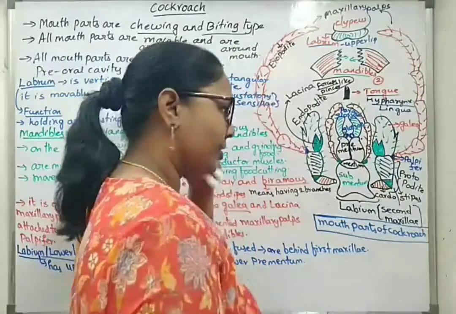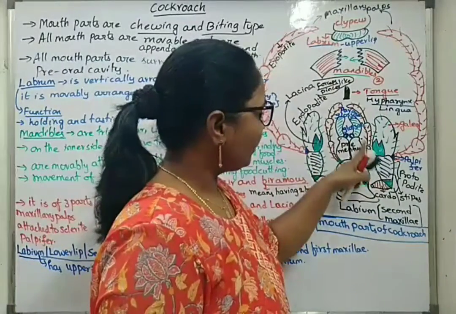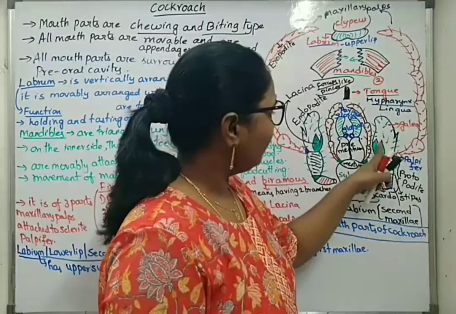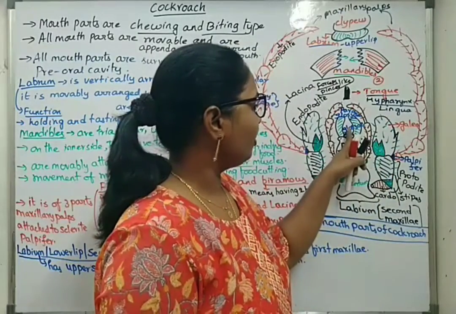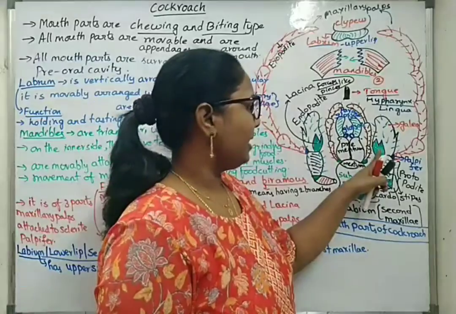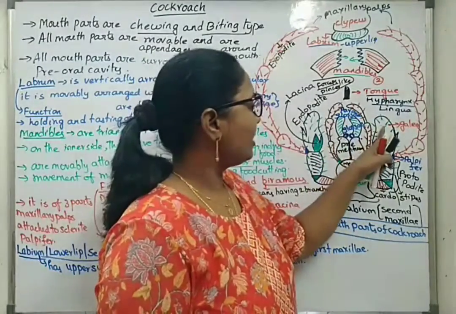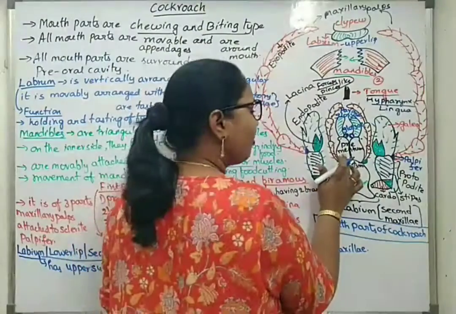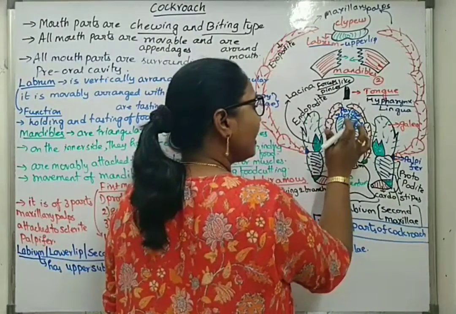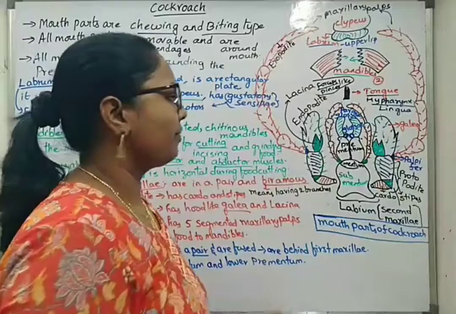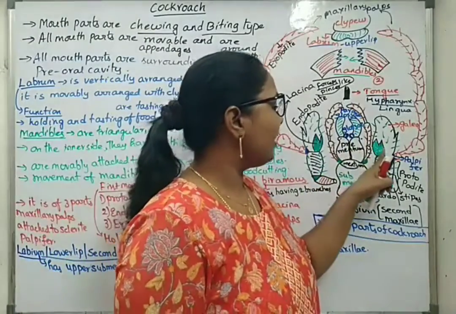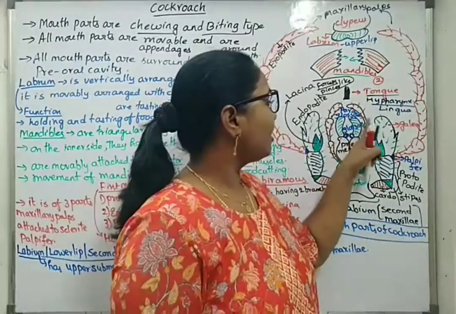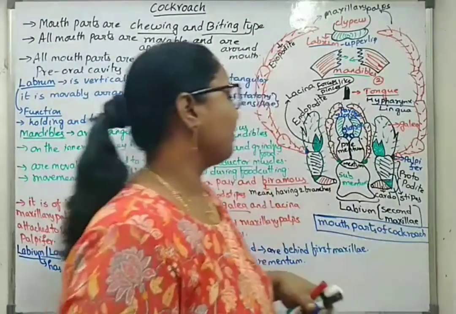What are these both structures? Glossae is comparable to the lacinia, the forceps-like structure. So glossae is equal to lacinia. Paraglossae is equal to the hood-like galea. The distal end of prementum has glossae and paraglossae, two different structures.